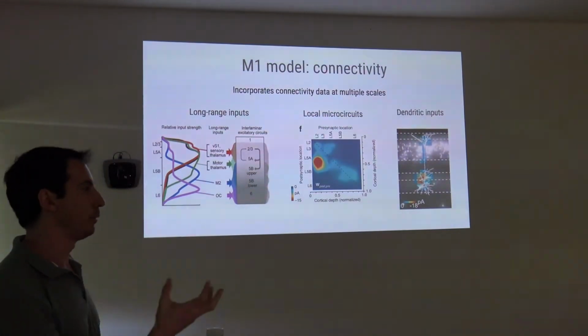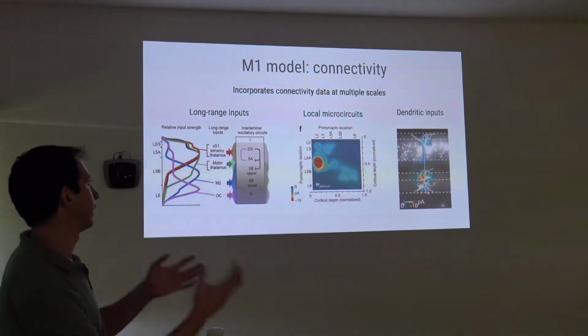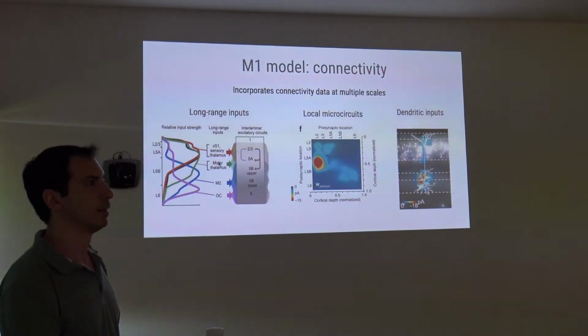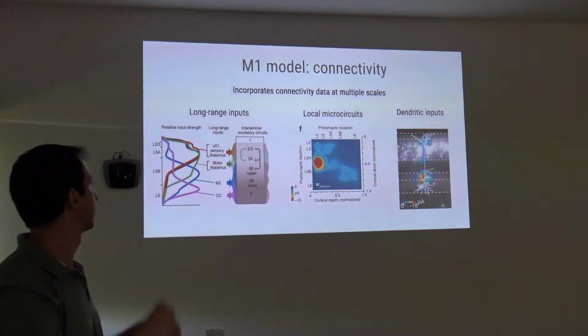So the other big thing that we really wanted to incorporate is all this idea of connectivity. And connectivity, you can think of it in different scales. So first you can think about the connections from other parts of the brain into this circuit, into the M1 cortex.